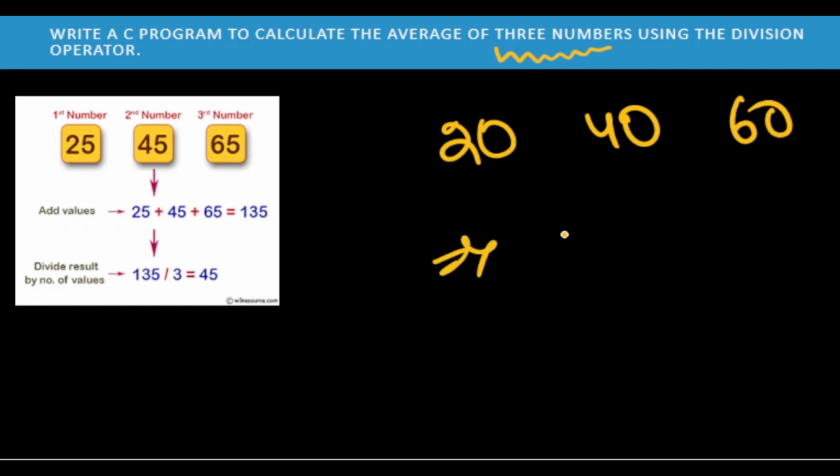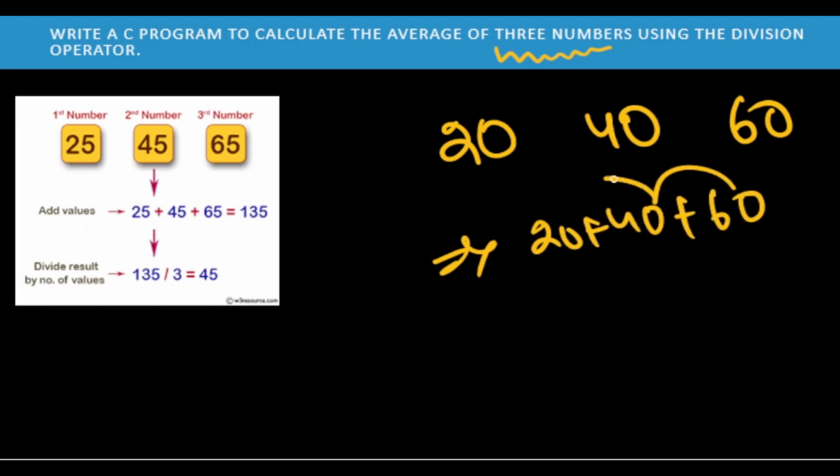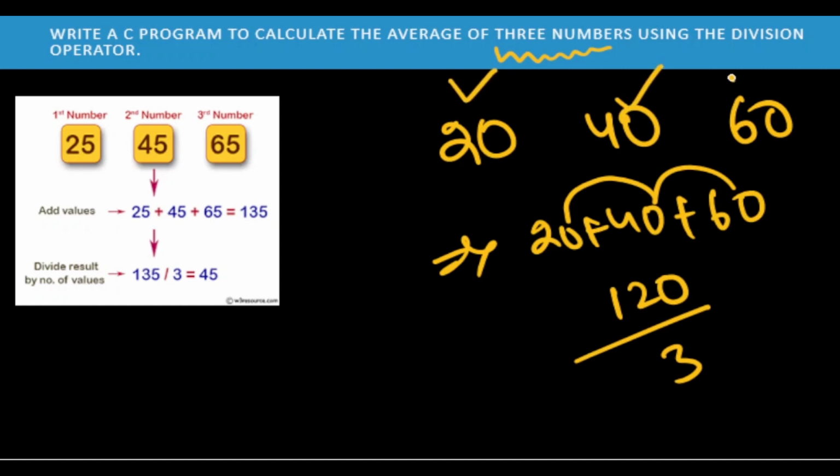Now what is the formula? Sum of observations. Sum of observations means 20 plus 40 plus 60. 60 plus 40 is 100, 100 plus 20 is 120, divided by number of observations. What is the number of observations? 3, right? 1, 2, 3. So 120 by 3 is 40. So the answer is 40.